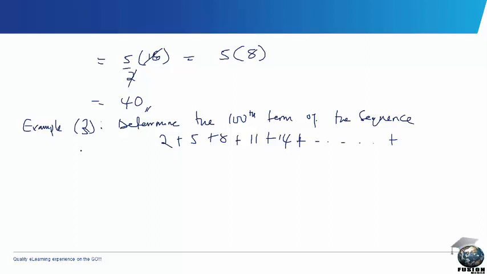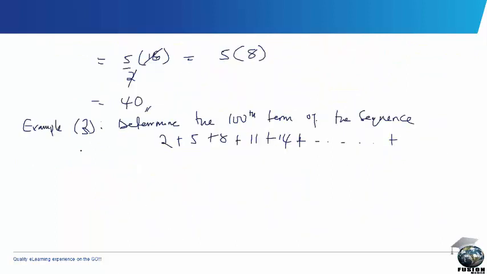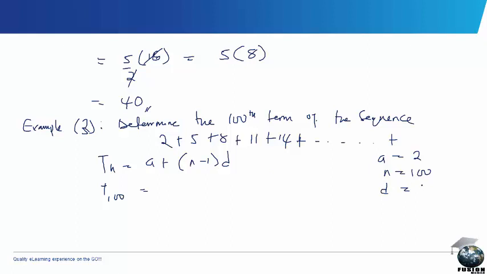Okay, so remember that to determine the nth term of a sequence, you've been given the formula that Tn is equal to a plus (n minus 1)d. Alright, so T of 100 is equal to what? Where a for this is 2, and then n is 100, and then d is equal to the difference. 5 minus 2 is 3.